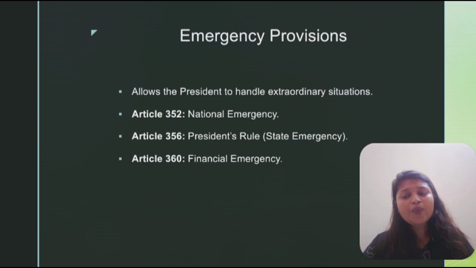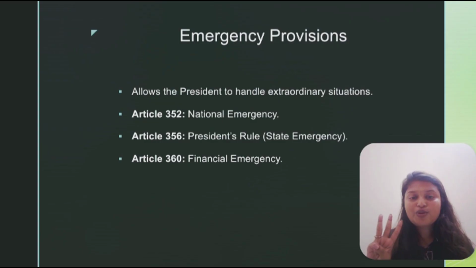Going on with the emergency provisions next, emergency provisions are the power that the president has, where whenever there is an extraordinary situation in our country, the president has the power to declare emergencies, and we have 3 types of emergency that the Constitution gives us: national emergency, state emergency, and financial emergency.